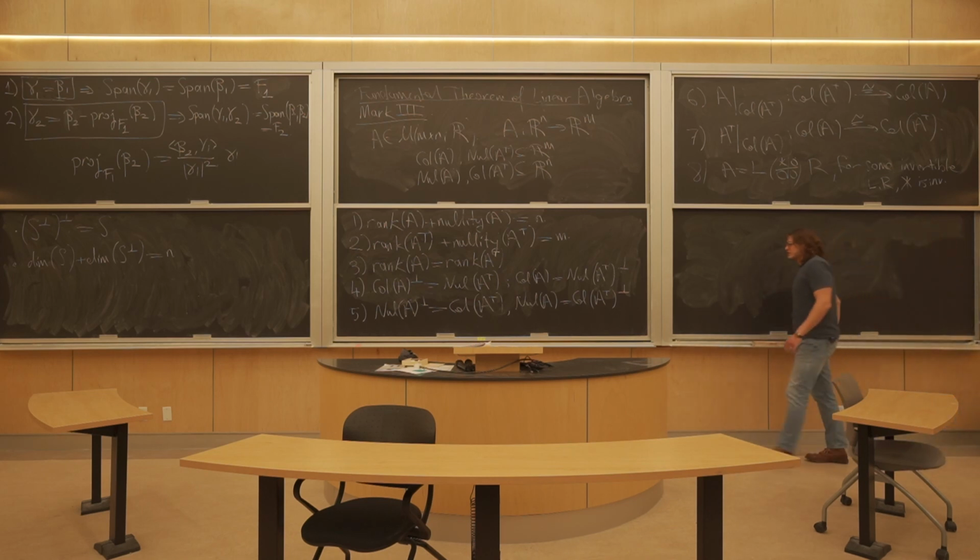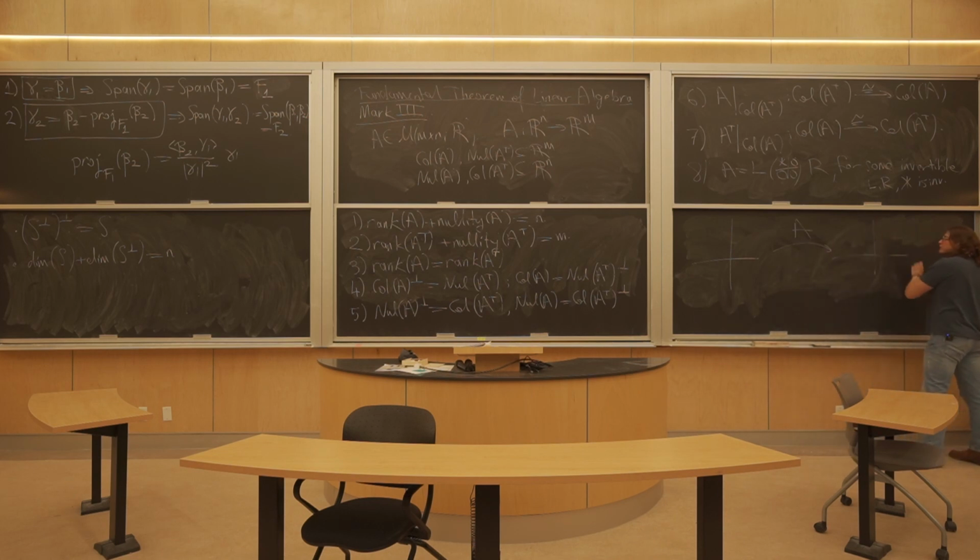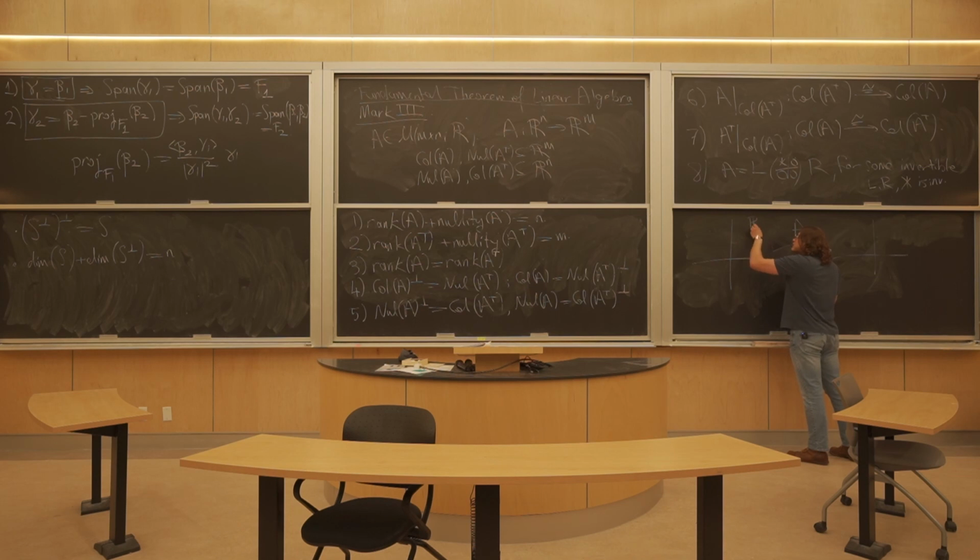So the picture you should keep in mind is something like this, okay? Let's say that this is a caricature, of course. This is going to be Rn, and this is going to be Rm.